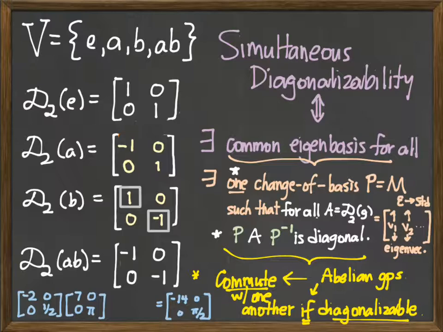In fact, what we'll show when we talk about the theorem of complete reducibility is that the matrices representing any finite group will always be diagonalizable. We're never going to get deficient eigenspaces with representations of a finite group. So the diagonalizability part actually doesn't come for free. It's a big theorem, the theorem of complete reducibility. But with that theorem in hand, these matrices must be diagonalizable, and if our group is abelian, they must commute.